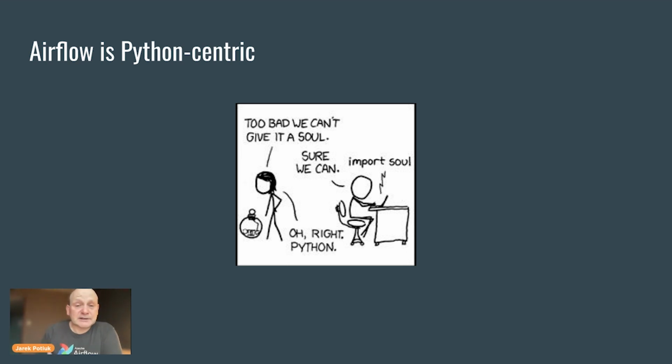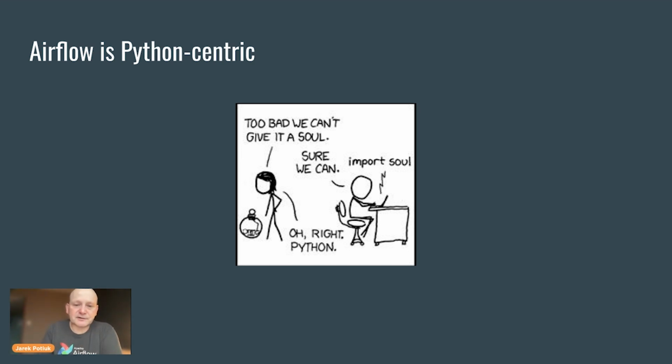And what is important, and why we are talking about Airflow at PyData Global, is that Airflow is Python centric. So everything about Airflow is Python. Like 99% of code is Python, and the rest is JavaScript to display the UI, but everything else is Python. And our users are Python, our developers are Python, our maintainers work on Python.